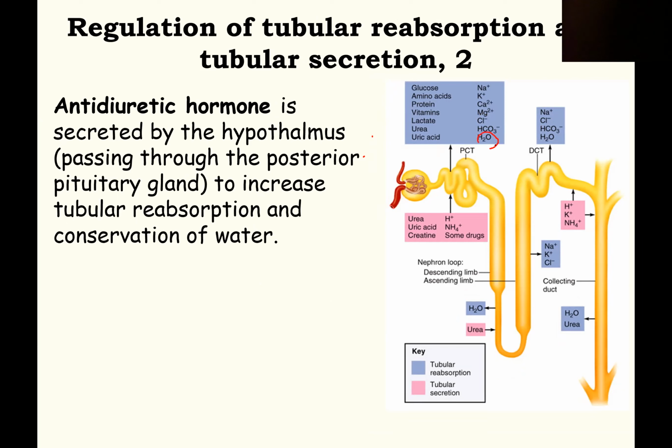So we can see the reabsorption of water in several places, and more water comes out of the collecting ducts than what is illustrated here in that last process. Antidiuretic, if you think of a diuretic as something that makes you get rid of water, this is going to make you hold on to water.